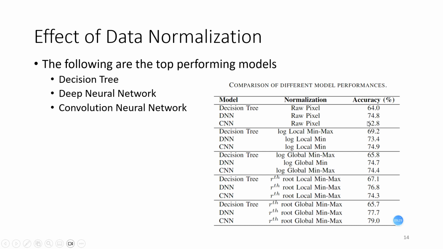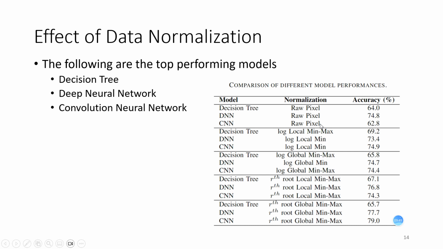For the decision tree, it doesn't change a lot. For the random forest, it increases slightly, but not significantly. The log local gives us the best result, increasing about 5%, which is a significant improvement.